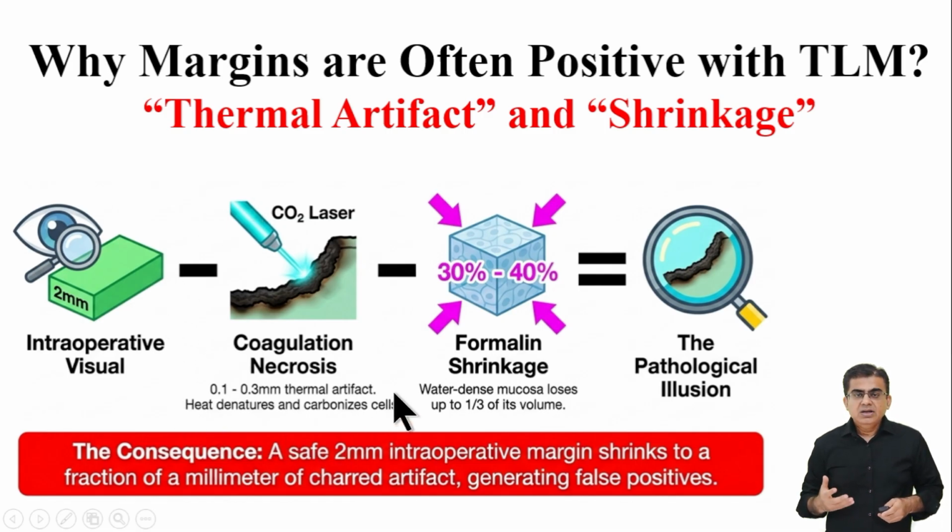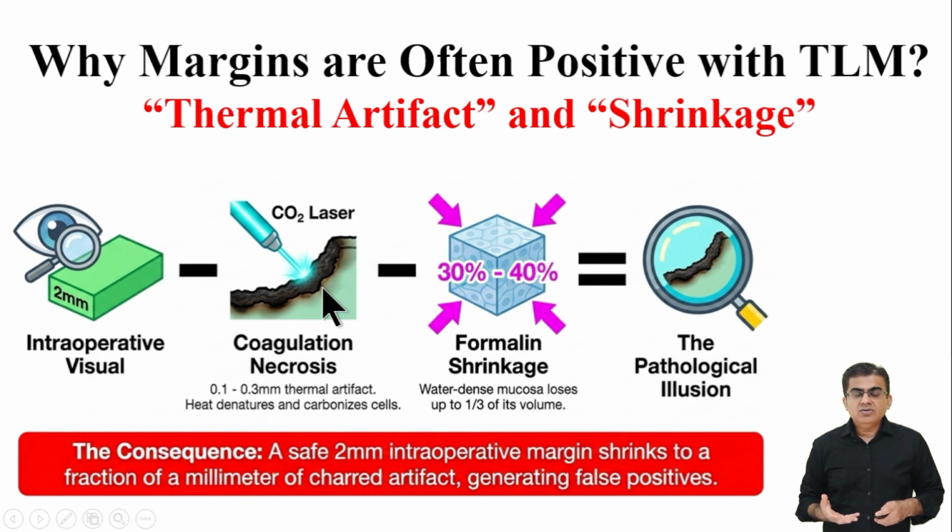First, look at the middle icon representing coagulation necrosis. Even with the best laser setting, you will always cause 0.1 to 0.3 millimeter of thermal artifact. This intense heat denatures and carbonizes these cells. This makes that specific edge of tissue completely unreadable to your pathologist.